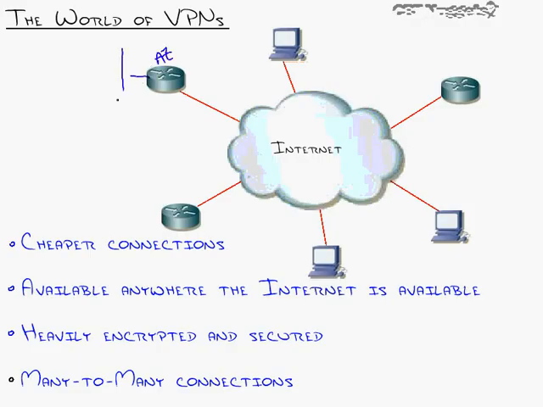So let's say this router over here represents an office in Arizona with 100 users connected to a LAN. This is an office in Florida. Now, if we were to purchase a, we'll say, T1 line, a private leased line between those offices, we would have to go to a service provider in Arizona, and that would have to be a service provider that is somehow linked to Florida over there.